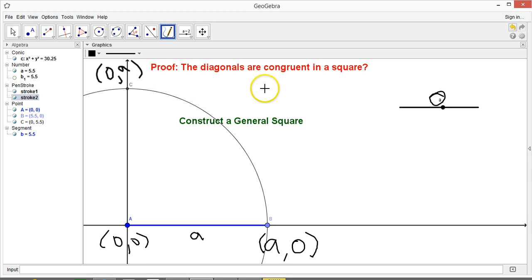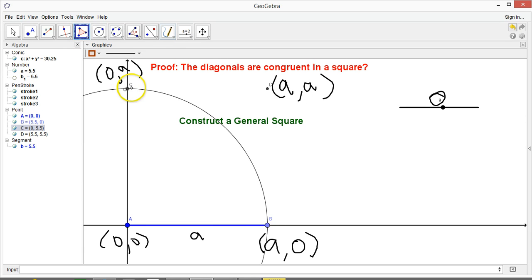So wouldn't this be at (A, A)? So I'm going to put a point here in my input bar, an ordered pair, so I'll use parentheses and call it A, comma A. And I'm going to hit enter and check it out. Look where that point went. So we know that its location, whatever A happens to be, this is where that point goes.